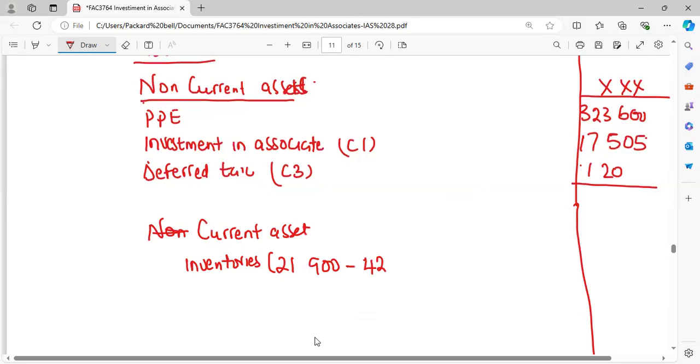The one that we did in the calculation, we say 20 over 120 times 5,700 times 45%.